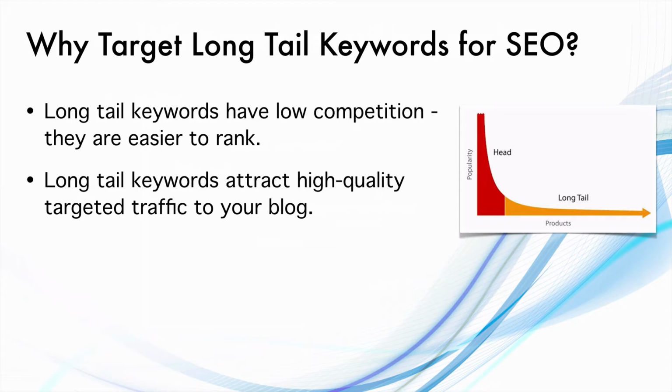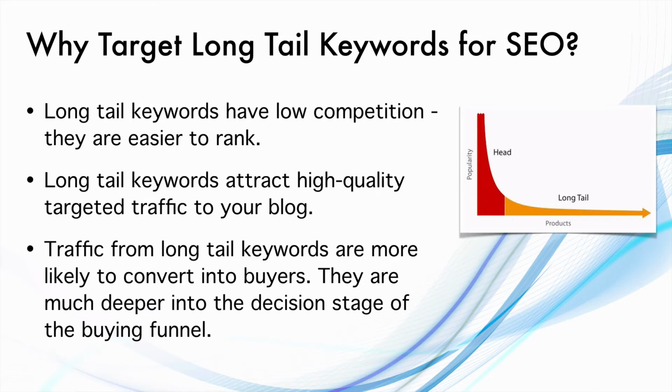Such specificity comes only when they are clear about what they want. That's why long tail keywords attract high quality targeted traffic to your blog. Traffic from long tail keywords is more likely to convert into buyers, and they are much deeper into the decision stage of the buying funnel, as we just discussed.